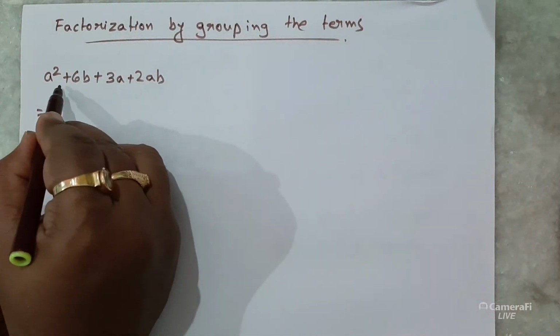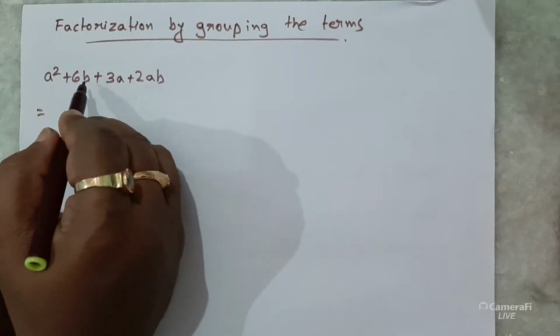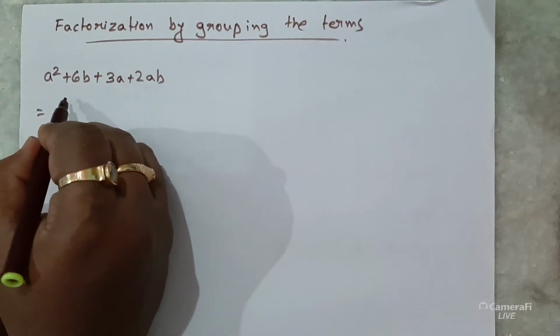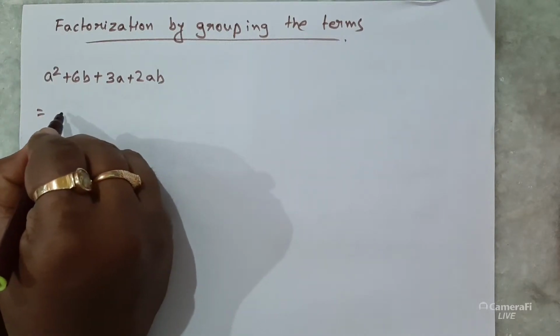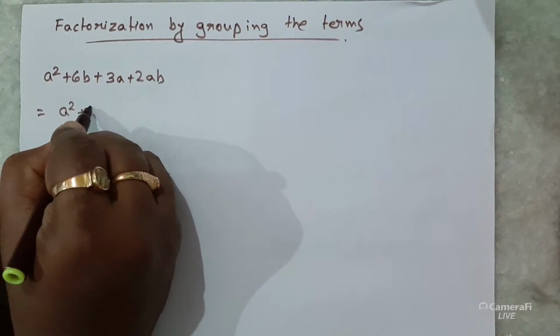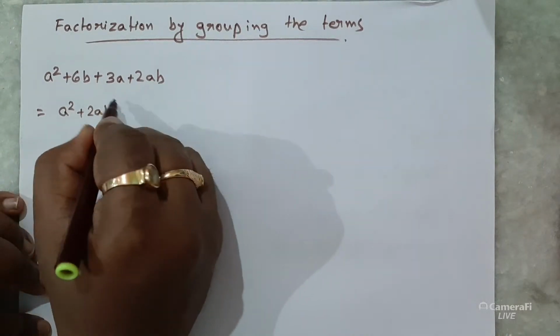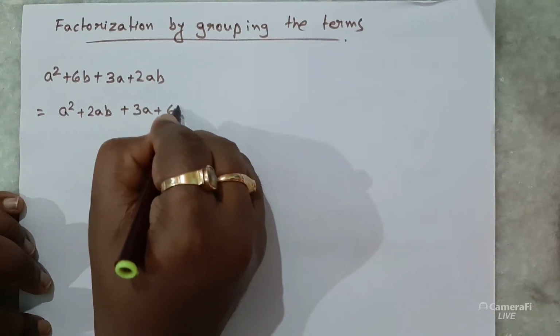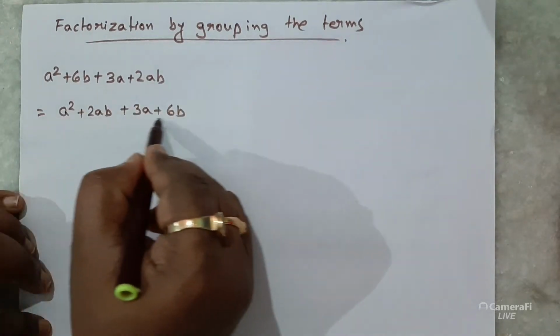Here we have to group or rearrange this thing. How? See, if we write it this way, a square plus 2ab plus 3a plus 6b, then the a's are arranged.